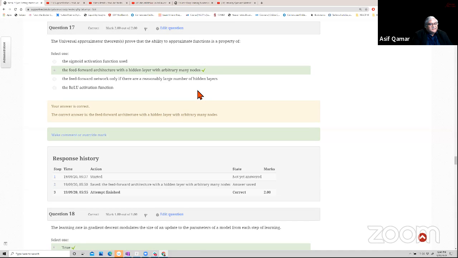In TensorFlow Playground, we did this experiment. Most of the problems we could solve with just one hidden layer with a few nodes. Even when we went to more hidden layers, we didn't go to a very large number. Two to three layers was usually enough to solve most problems.